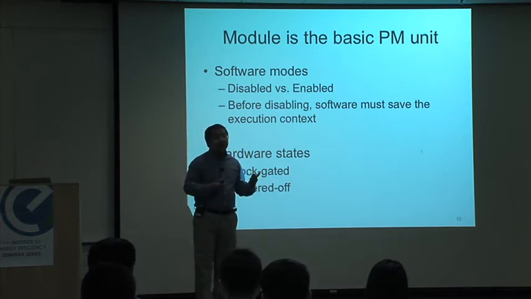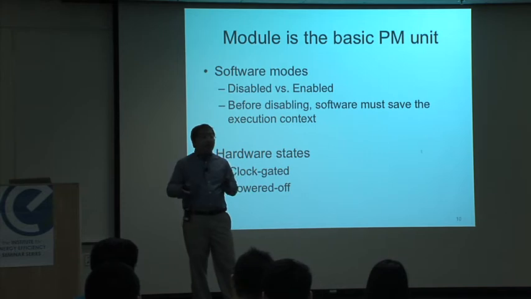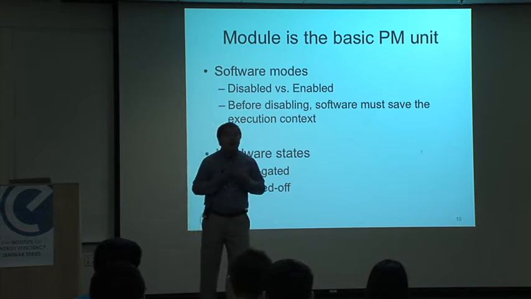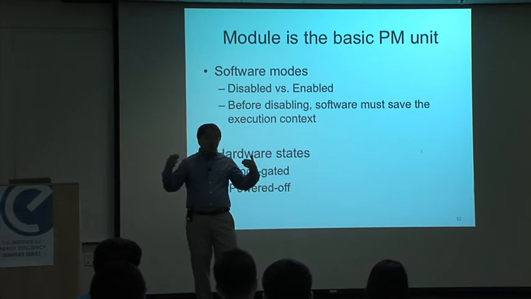The hardware's job is, once the software disables the module, the hardware has to decide which low power state to put it in. A state is a hardware mechanism implemented in circuits, right? You could gate the clock, you could gate the power. These are the two common ways of implementing hardware states. And you don't have to gate the clock or the power for the entire module.